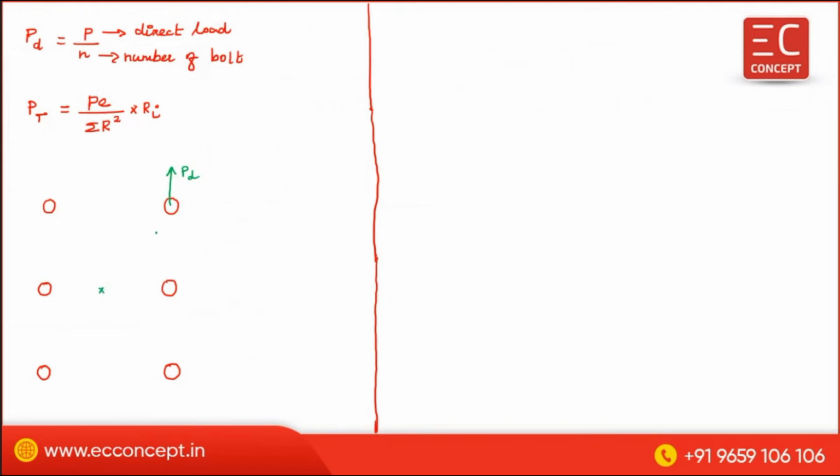This is the center point, this also is the centroid. And this angle is theta. Similarly, the direct load resistance is PD, and this is 90 degrees with respect to this axis, PT. This is theta, and here this is theta.